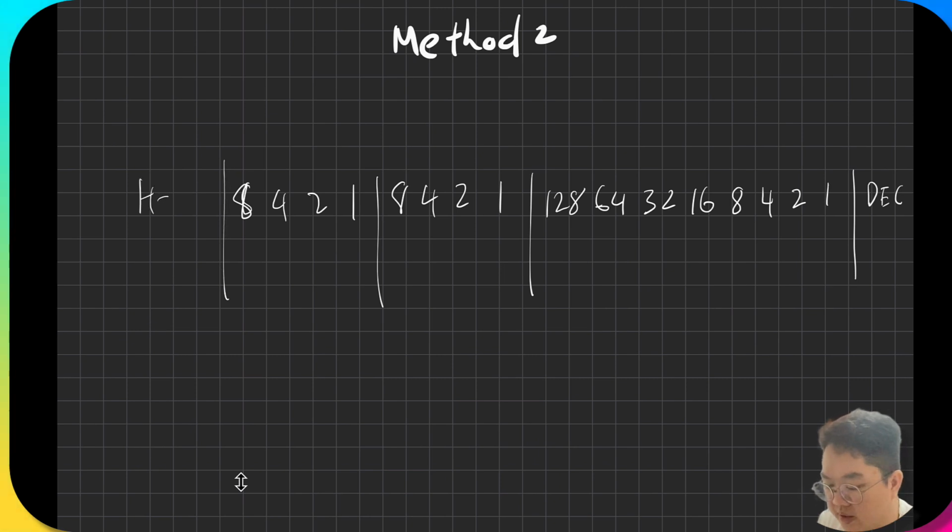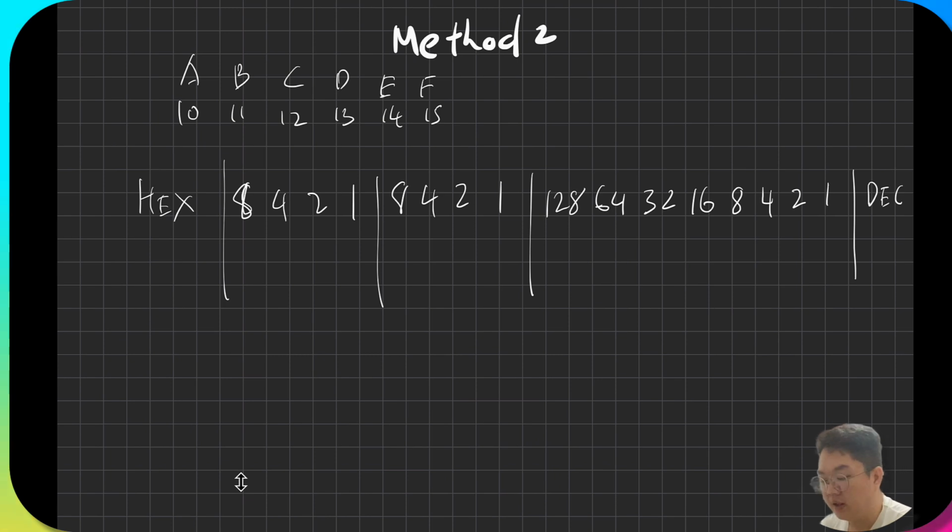And then here we will write down the hexadecimal, or HEX column. Remember, A for hexadecimal is 10, B is 11, C is 12, D is 13, E is 14, F is 15. Now, let's say we want to convert the hexadecimal value of C7.